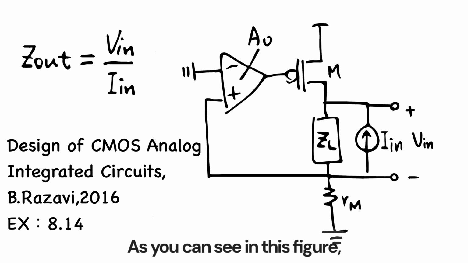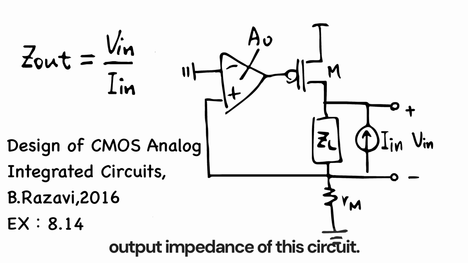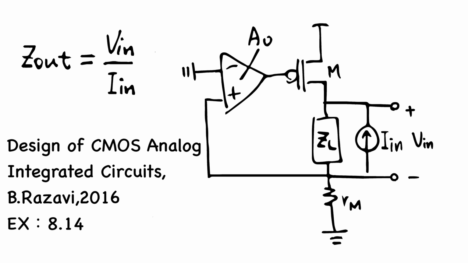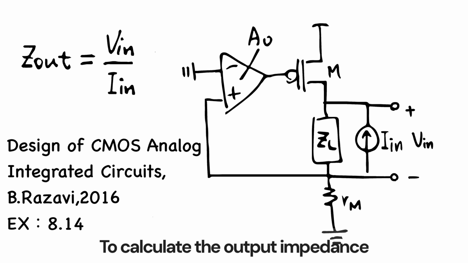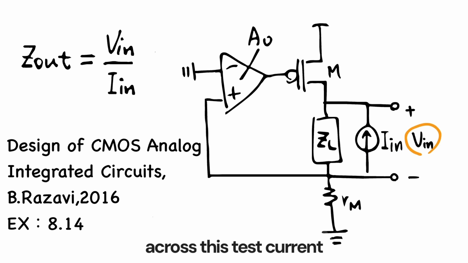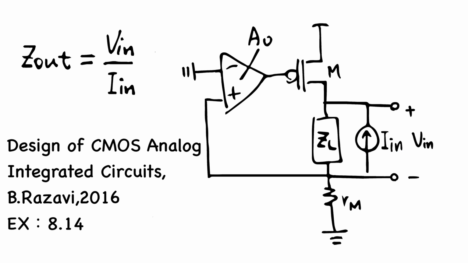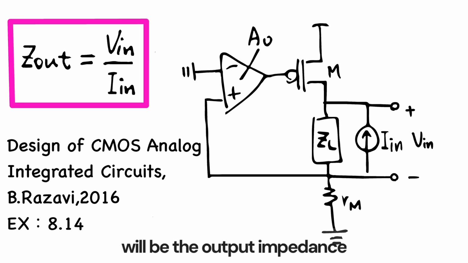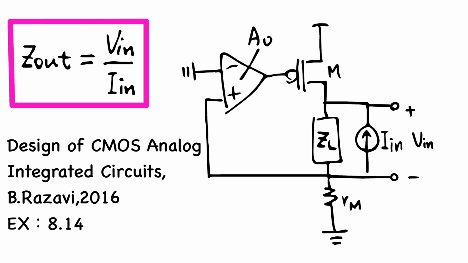As you can see in this figure, we want to know the output impedance of this circuit. To calculate the output impedance, we apply a test current, In, and observe the voltage across this test current, Vn. The ratio of Vn over In will be the output impedance of this circuit.